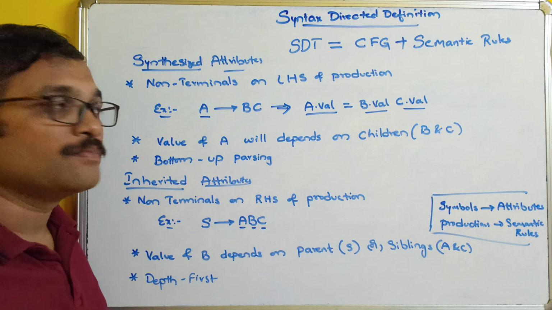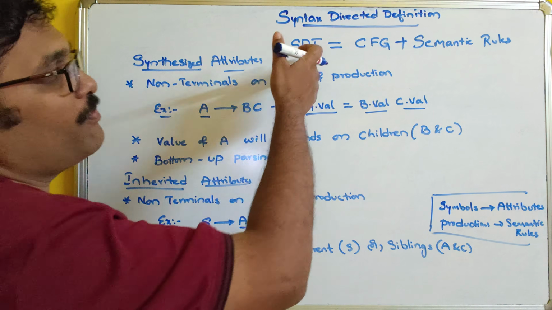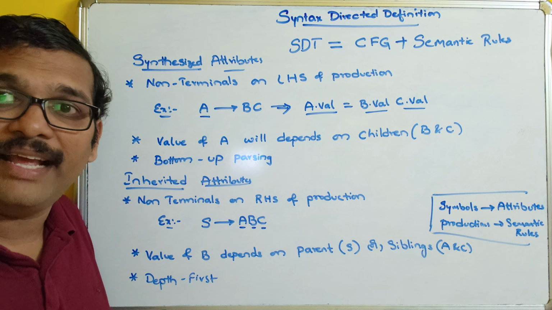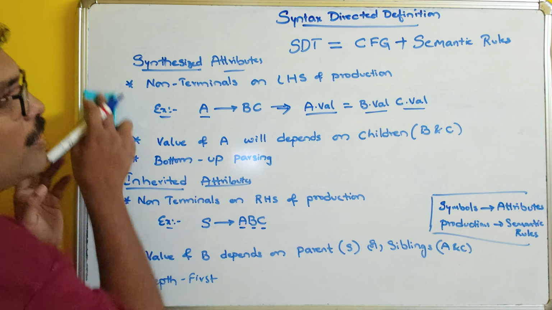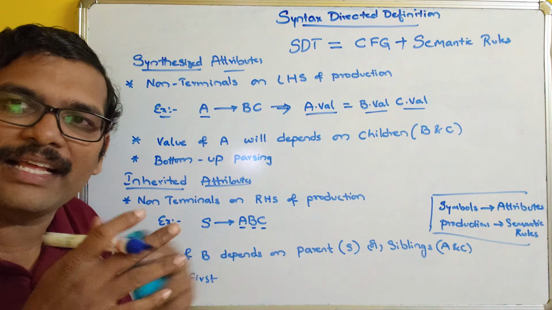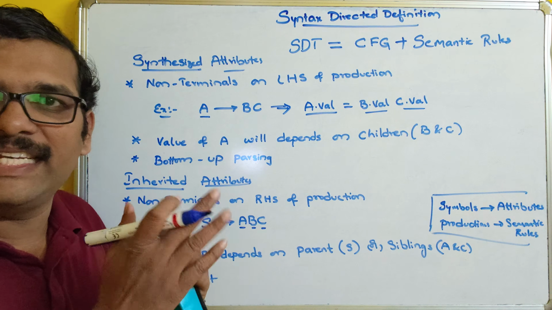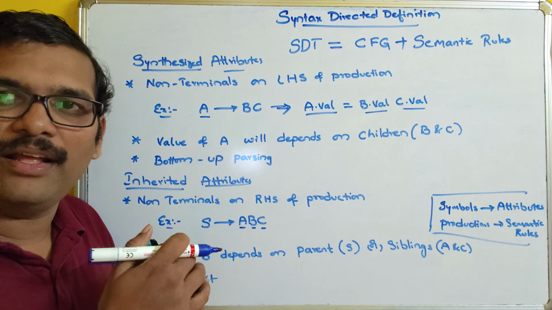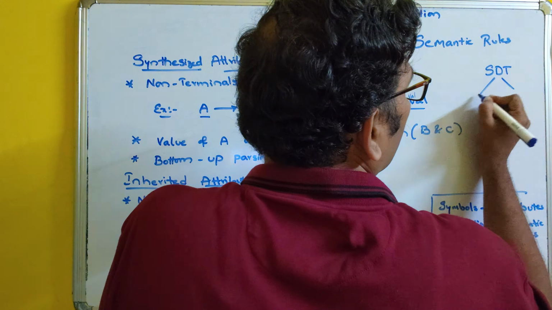Now we'll see the different categories of SDDs, syntax directed definitions. SDD is also categorized into two categories: S attributed SDDs and L attributed SDDs.